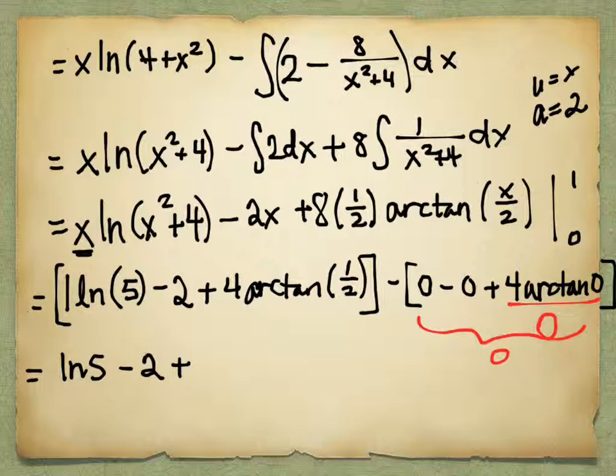Which is the equivalent of, is it square root of 3? Square root of 3 over 3. There you go. That's not what I have. I have the arctangent of 1/2, right? So if I were to flip this around, this would be saying that the pi over 6 value is equal to the arctangent of square root of 3 over 3. Well, I don't have square root of 3 over 3. I have 1/2. So that's not it.